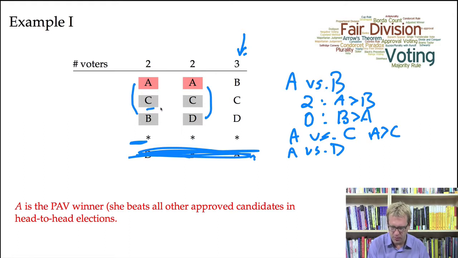Actually, we have 4 people prefer A over C, but nobody prefers C over A. So A beats everybody else in a head-to-head election among the majority preferred candidates. So preference approval voting ends up electing a candidate that actually has the fewest number of approvals.